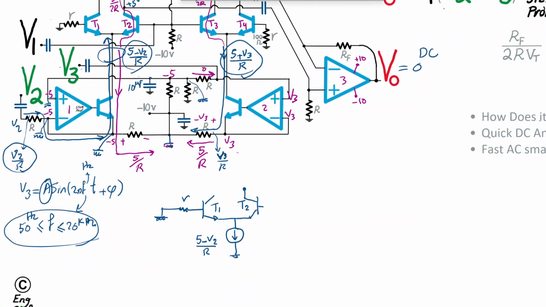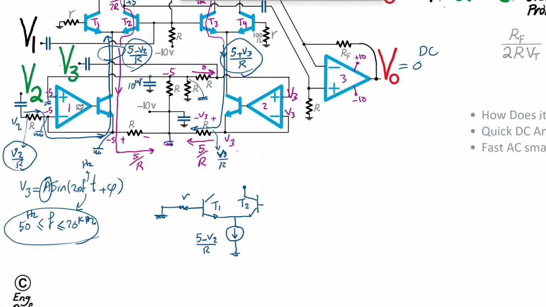If you want to be super accurate, we can see that via this decoupling cap, voltage V1 is connected to this node. So we have V1 here. Let me draw it better. We have V1 here, and then the resistor R and resistor R, effectively with virtual grounds.